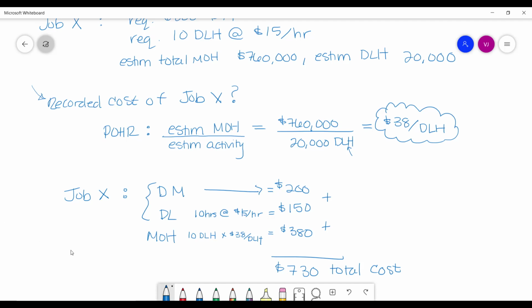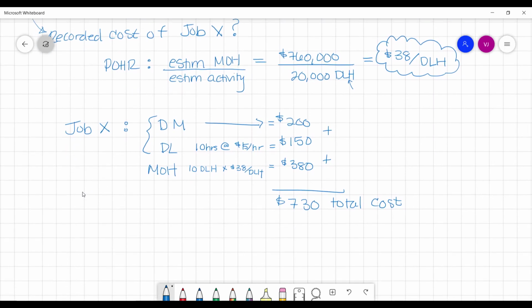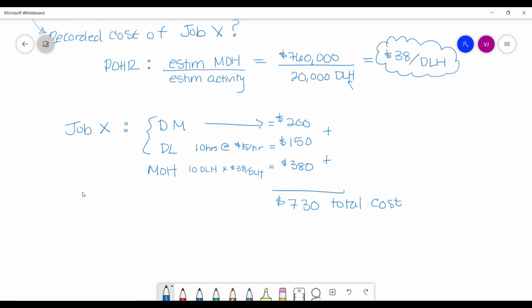X. Okay, and I will take this just one little step further, which we'll see more of in chapter 3. So this is the total cost of the entire job, right? But let's say the job included 10 units of product within that job. We made 10 units in this job. We could then take that a step further and figure out, okay, what is the cost of one of these units?